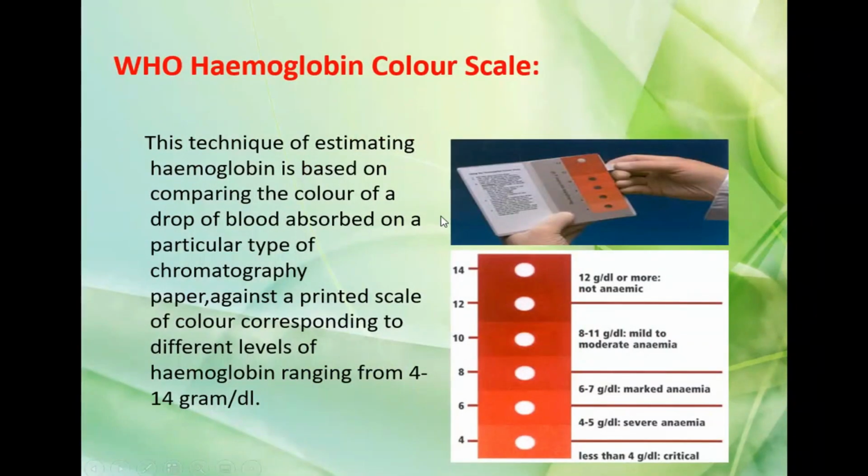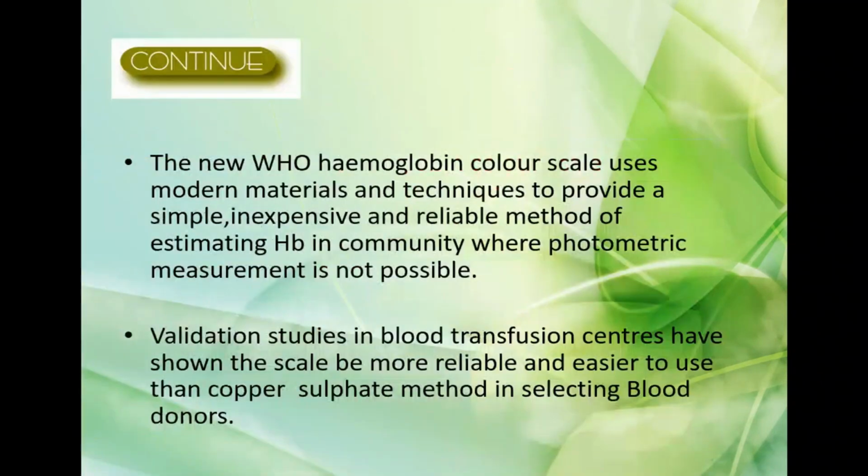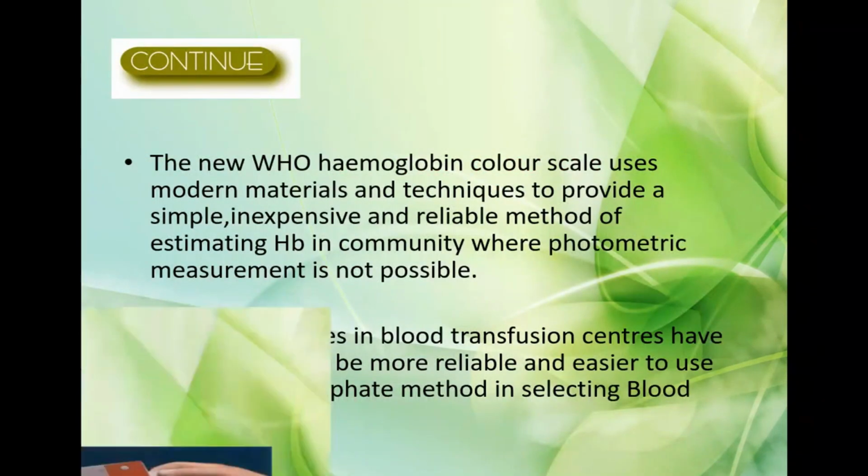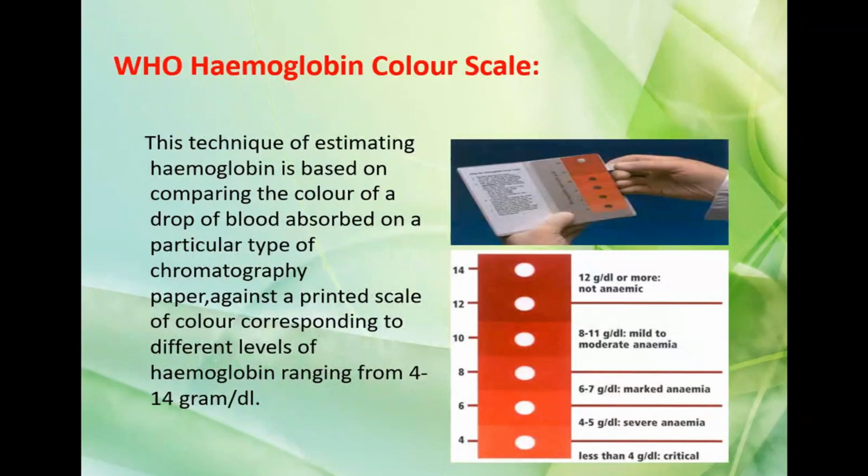Then the WHO hemoglobin color scale is one method which can be easily followed, even by rural people. We can measure the hemoglobin with this. For that you need only a drop of blood. You place it on a filter paper and then check the color of the sample.